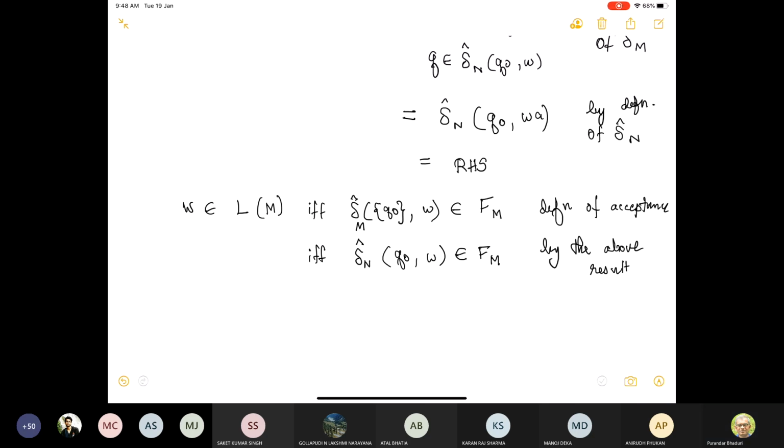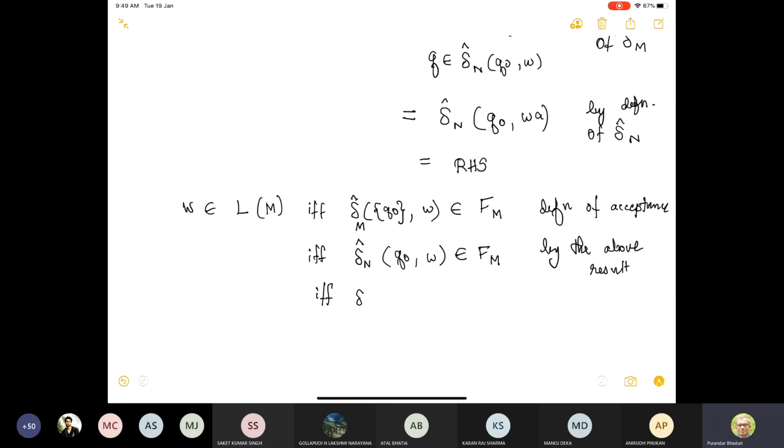then we apply the definition of FM. FM is the set of all sets of states which have at least one final state, right?